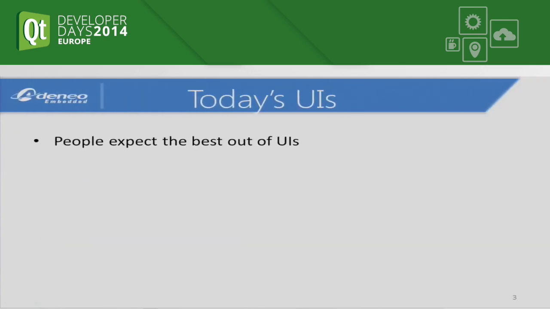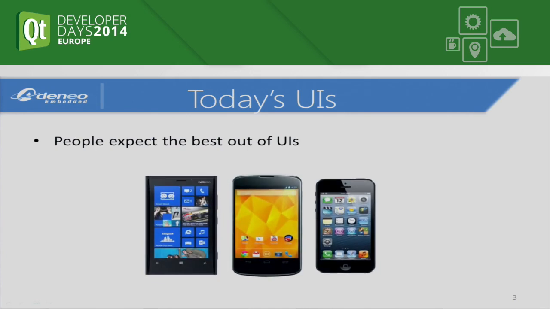Okay, so here is what I mean by modern application. So right now, what people expect out of user interface is something like that, of course. So if you talk sometimes to your customer or even you, when you have a touch screen, you expect something that looks like one of these three.